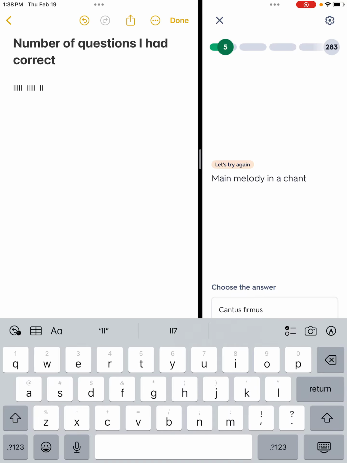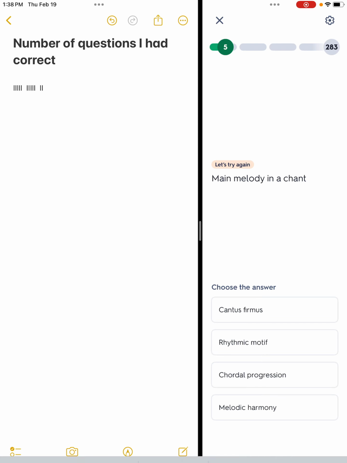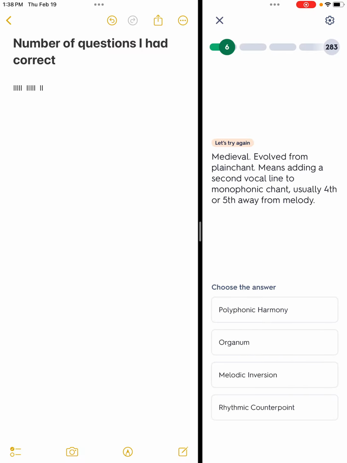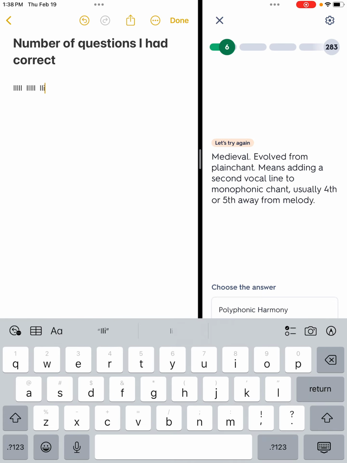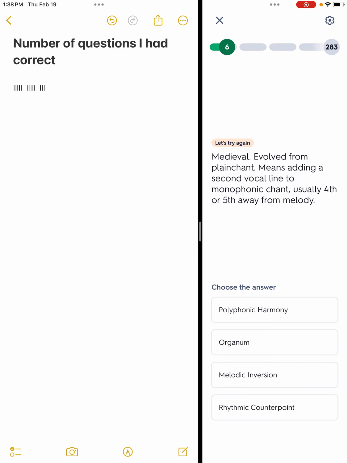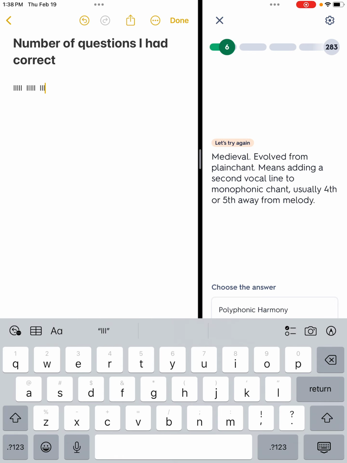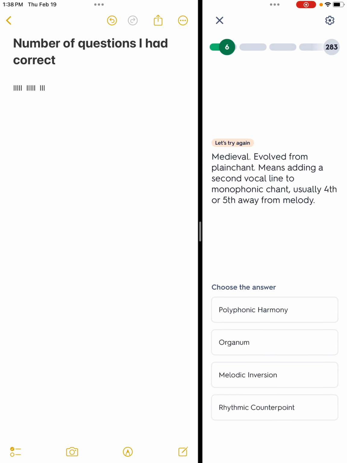The main melody of a chant. Okay, that's cantus firmus. Don't count that one now. Alright. Medieval evolves from the plainchant, means adding a second vocal line away from the harmony.